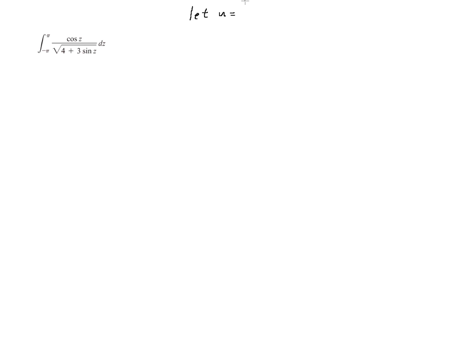But I'm going to take a chance here, because I've worked enough of these and I have an intuition about this: I'll let u equal the square root of 4 plus 3 sine of z, and take the differential of both sides.